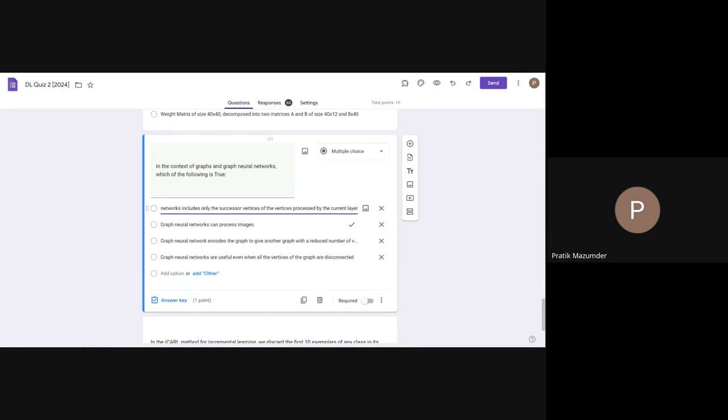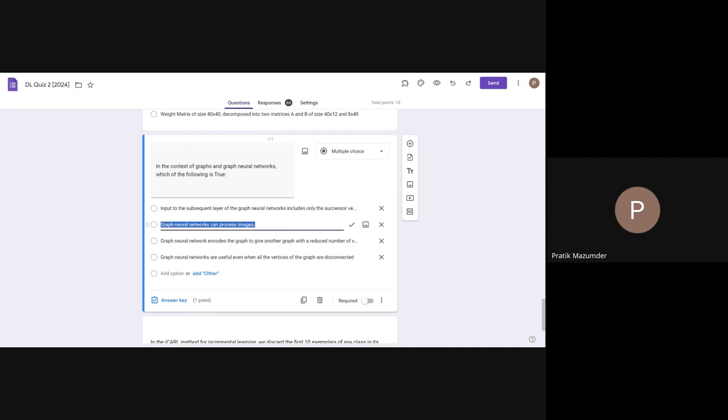The only thing that was different was that during this updation, it was using the values of all the neighborhood nodes of that particular vertex, and also the previous value of its current value, but you are updating the representation of every node feature. So this is not true.